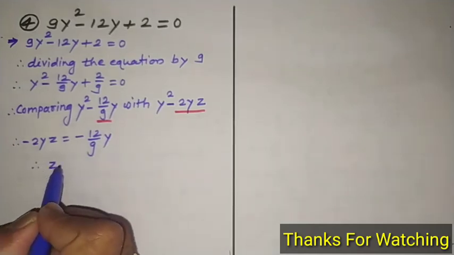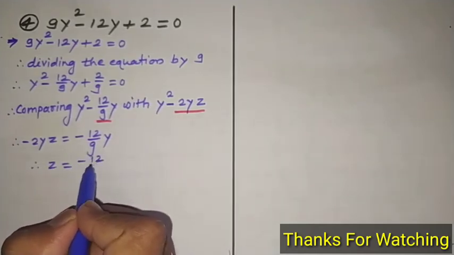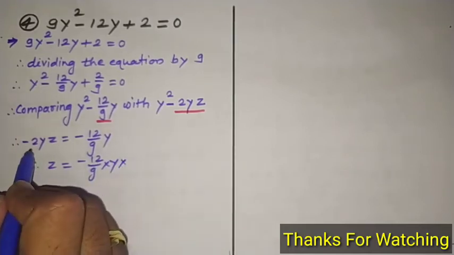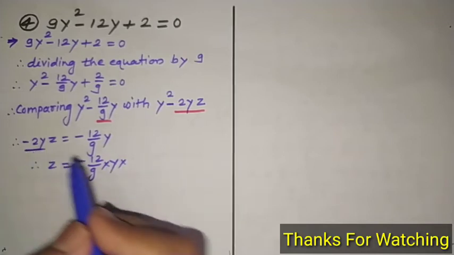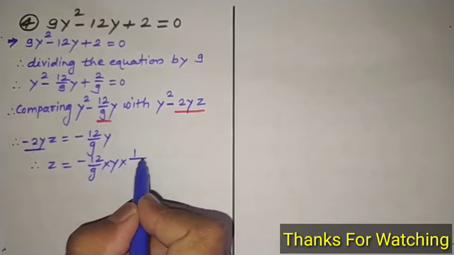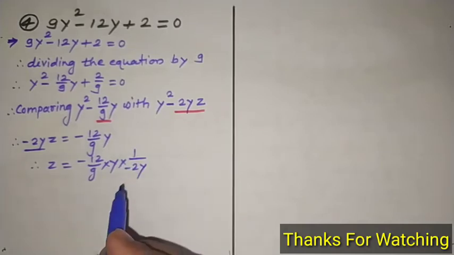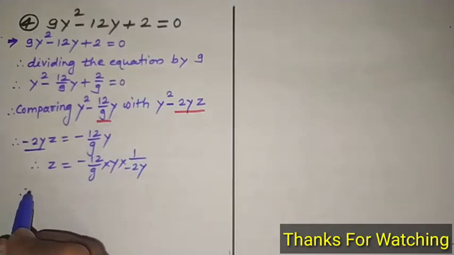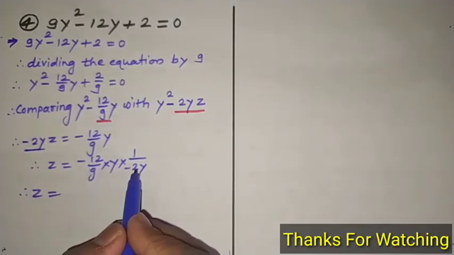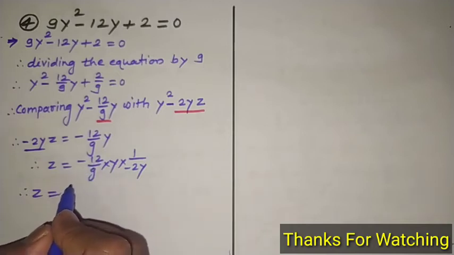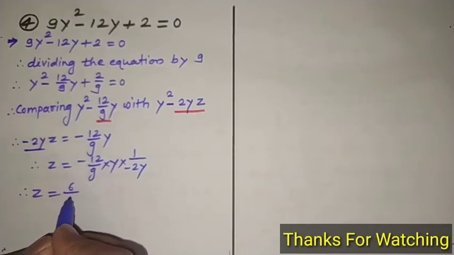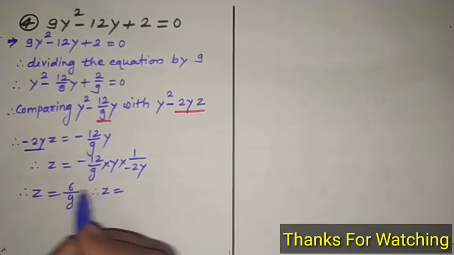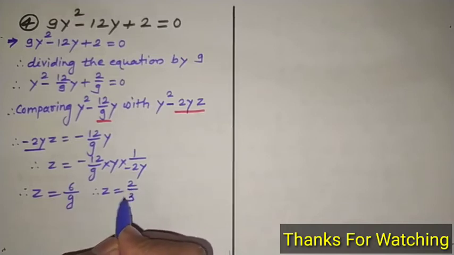Therefore z is equal to minus 12 upon 9 into y divided by minus 2y. y cancels, minus minus is plus, 2 times 6 is 12, so 12 upon 9 becomes 6 upon 9, which is 2 upon 3.